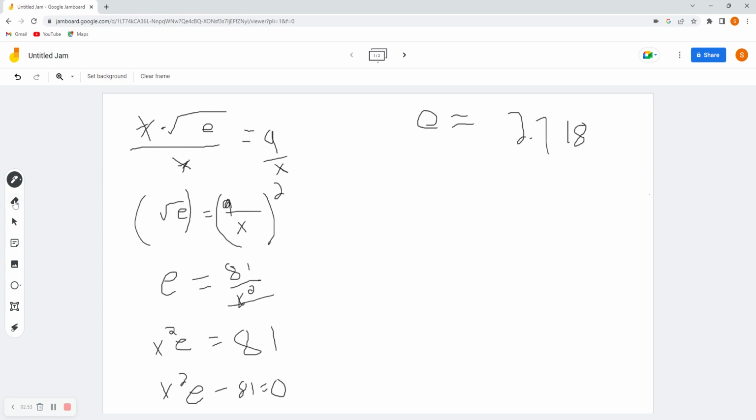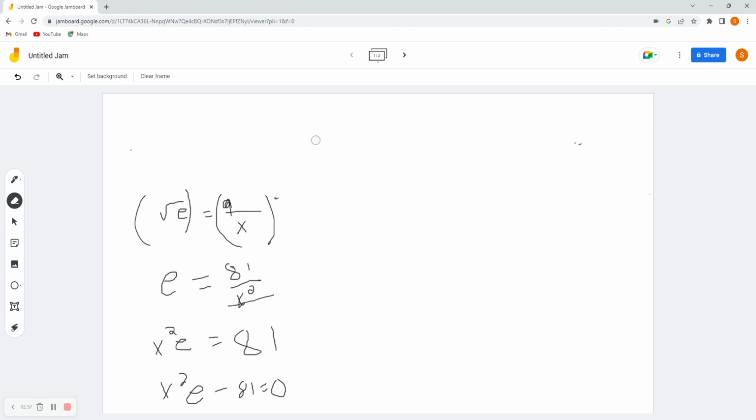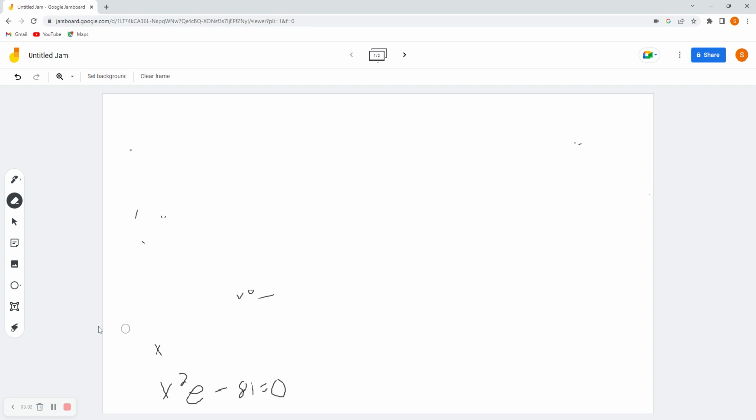So this problem, let me just erase all of this up here. It looks like we can do a difference of squares.